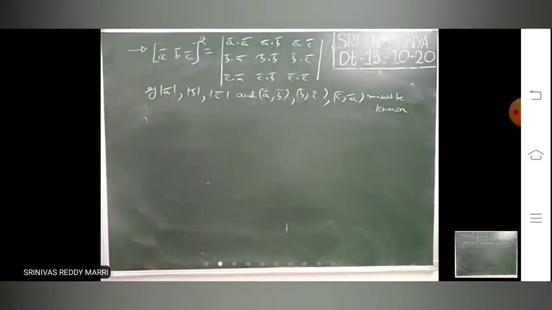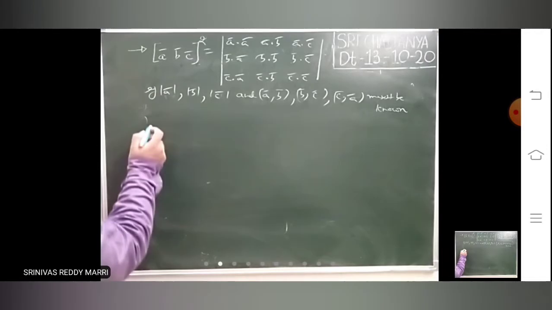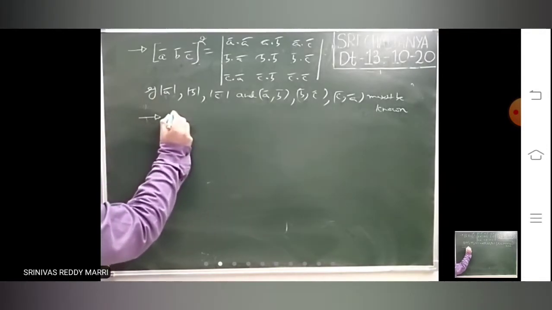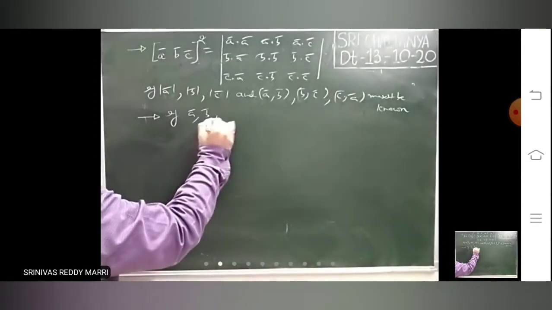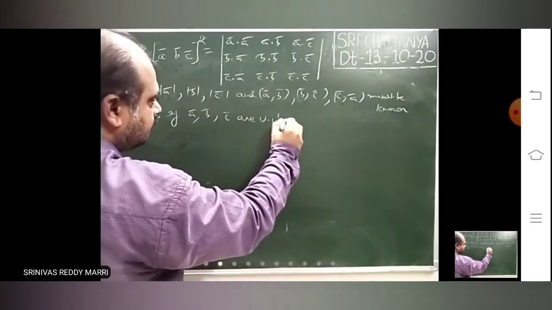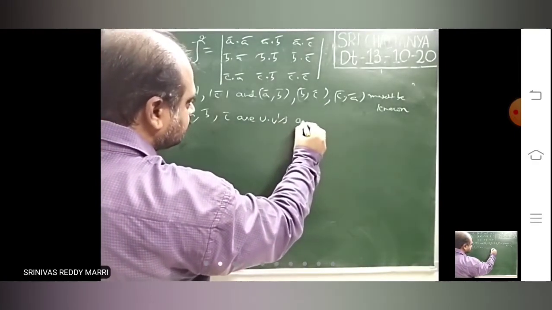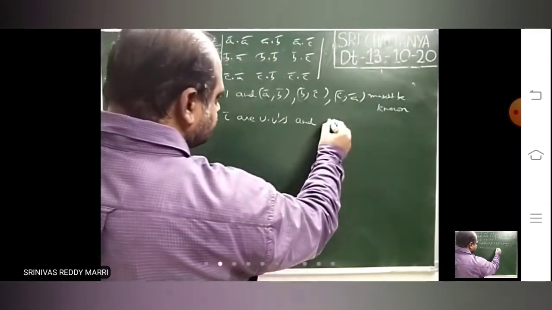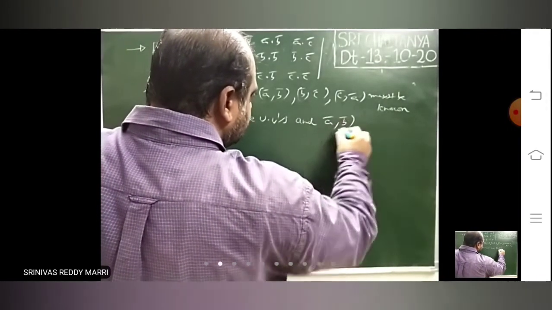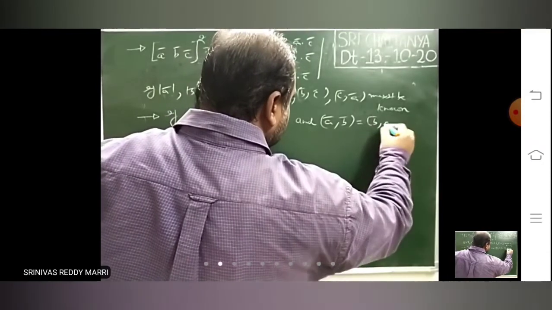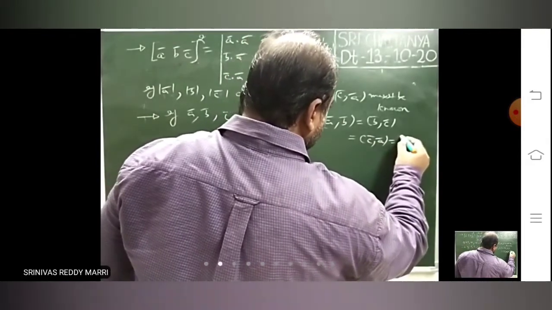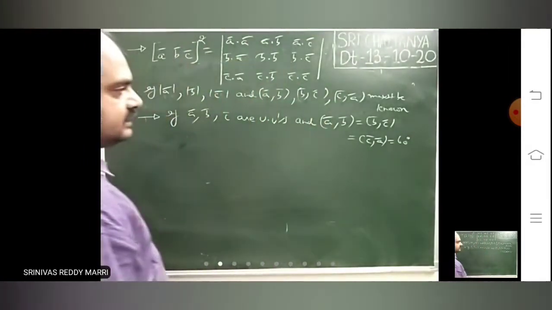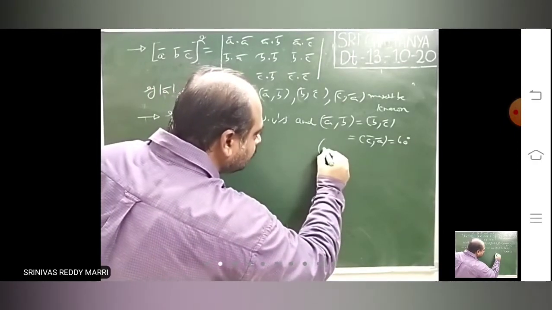Look at one problem. On unit vectors A bar, B bar, C bar, the angle between A bar and B bar equal to 60 degree.